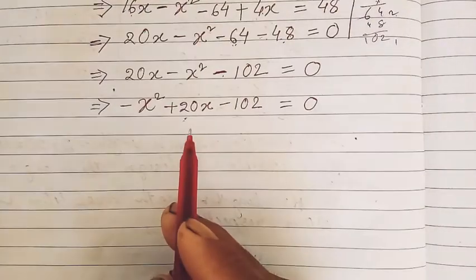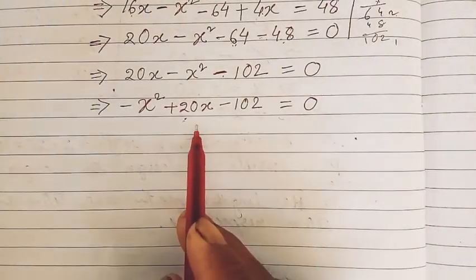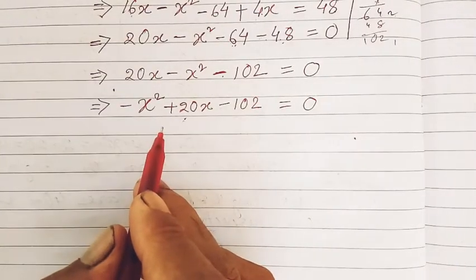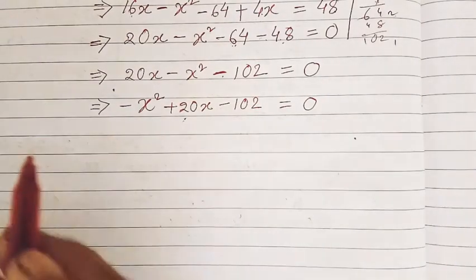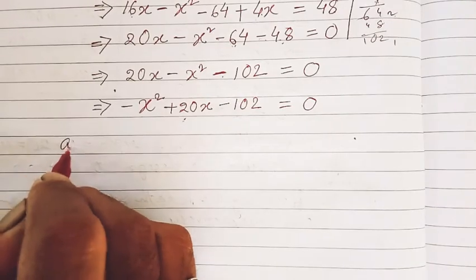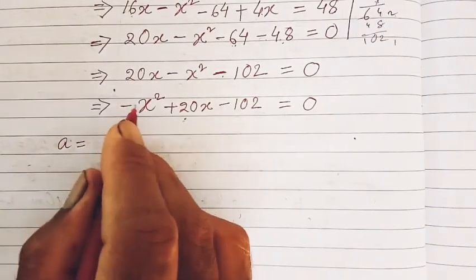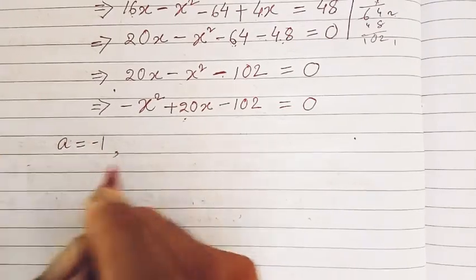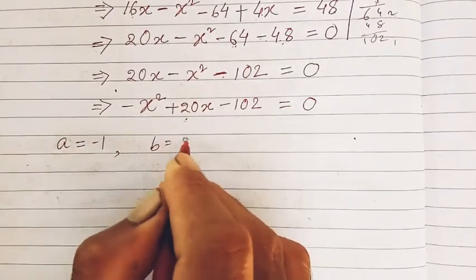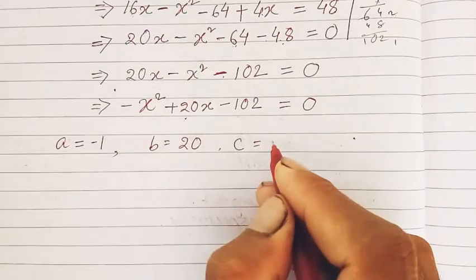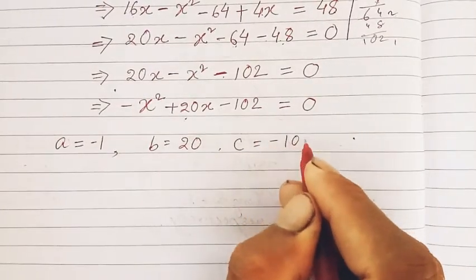So we can solve it, but before solving, one thing we can check is whether the solution exists or not. To check it, recognize the values: a is minus 1, b is plus 20, and c is minus 102.